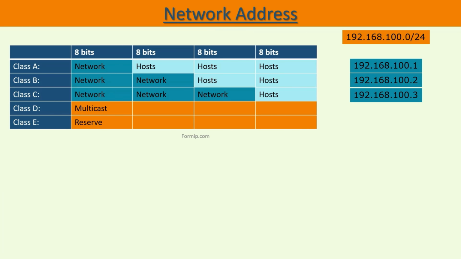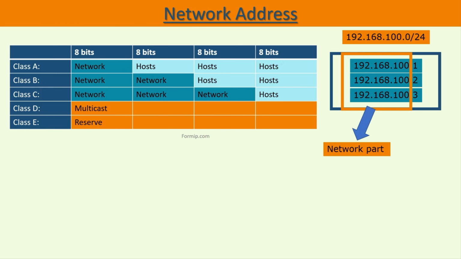Now let's talk about the network address. The network address is a unique identification of the network. Each device in the same subnet shares this network address in its IP address. For example, in addresses 192.168.1.1, 2, 3, the part 192.168.1 corresponds to the network address, and the 1, 2, and 3 are the hosts.